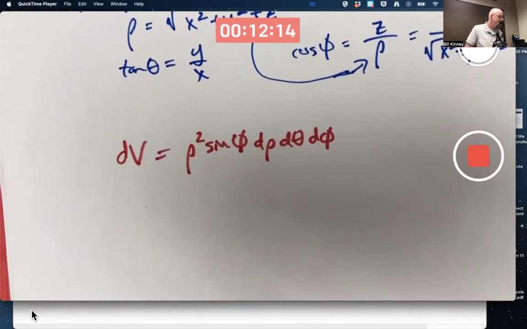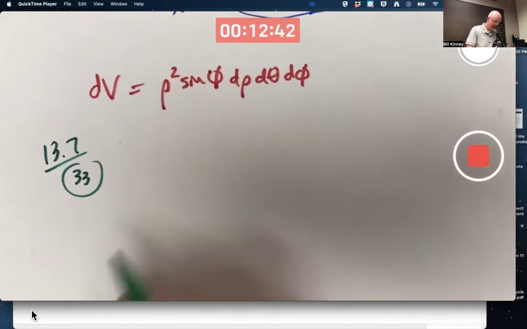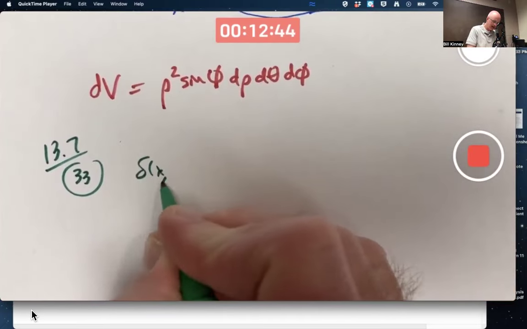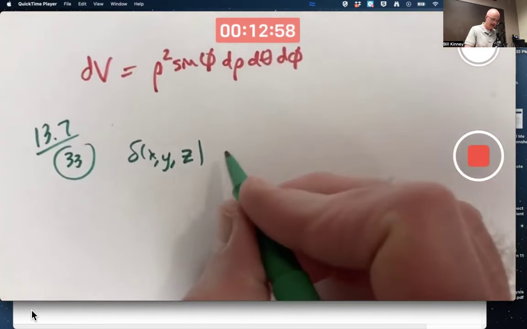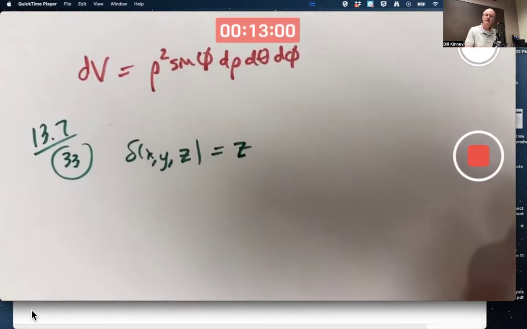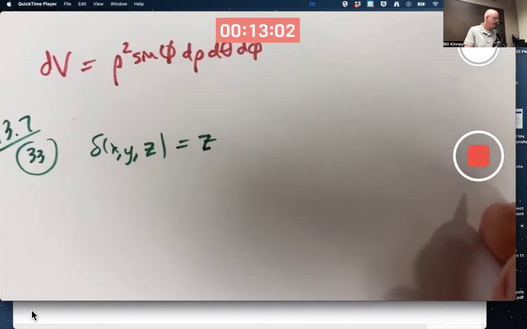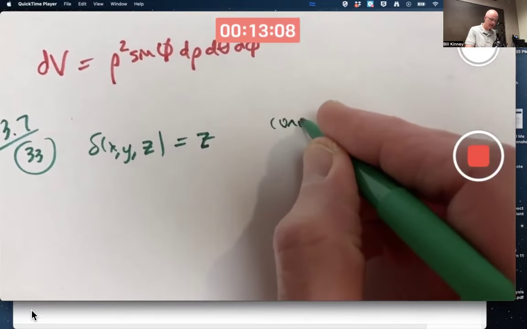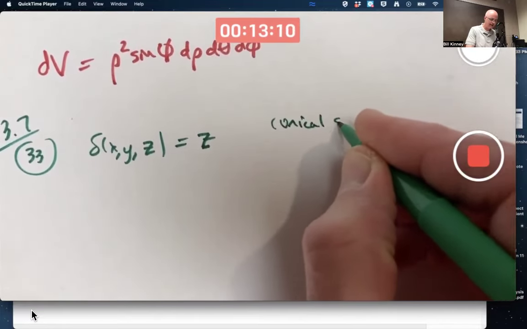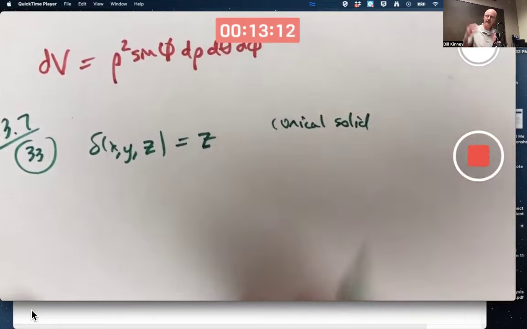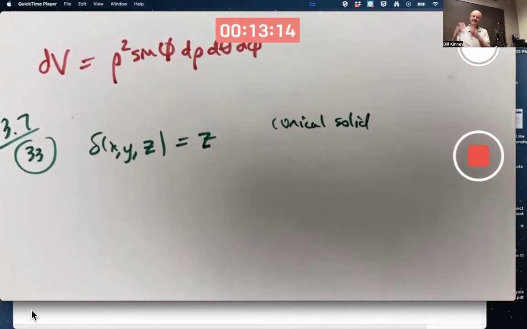Let's do an example. We've got a density function equal to just z. It's in terms of rectangular coordinates. It's always the z coordinate. And we're looking at a conical solid, because it is a three-dimensional solid.